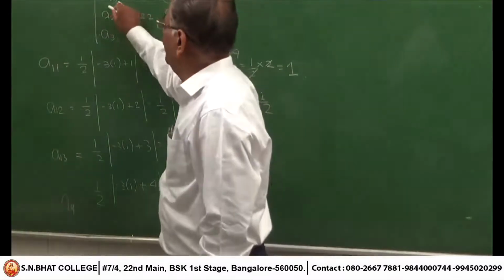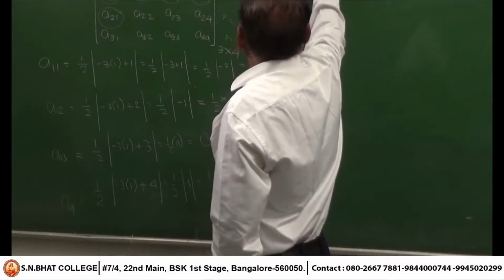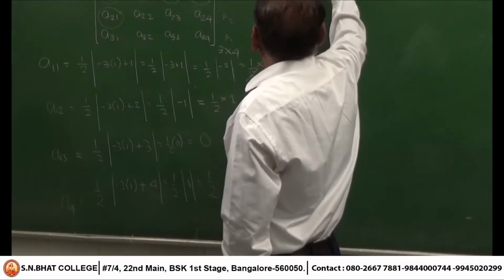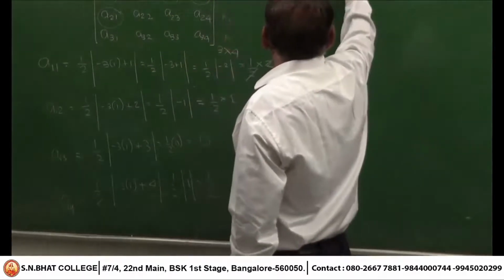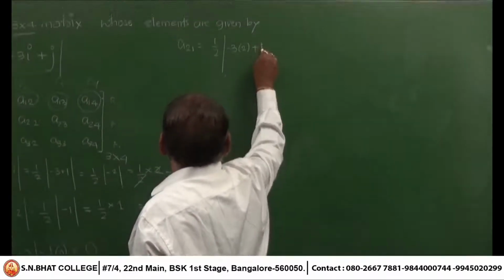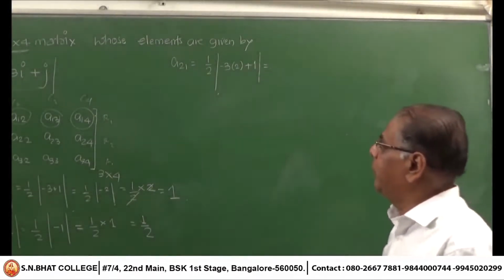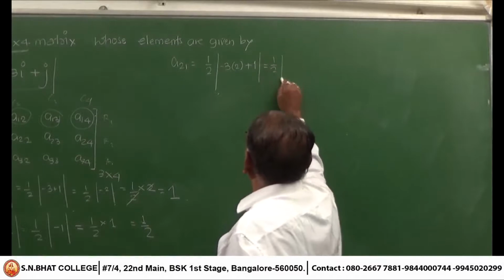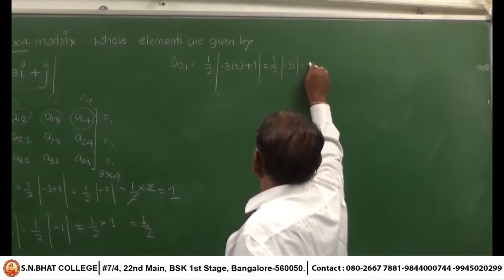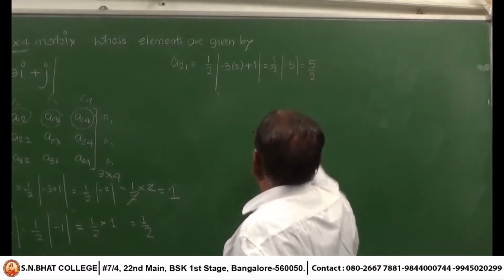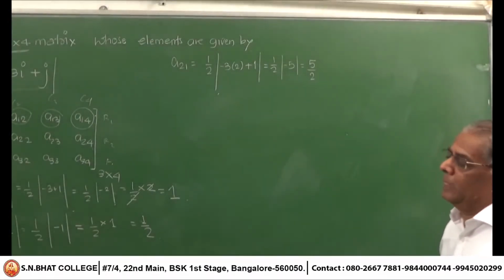Next I have to calculate A21. A21 means replace i by 2, j by 1. Half into modulus of minus 3 into 2 plus 1. This is half into modulus of minus 6 plus 1, which is minus 5. Modulus of minus 5 is plus 5 by 2.